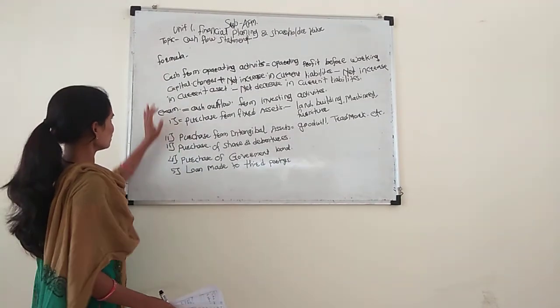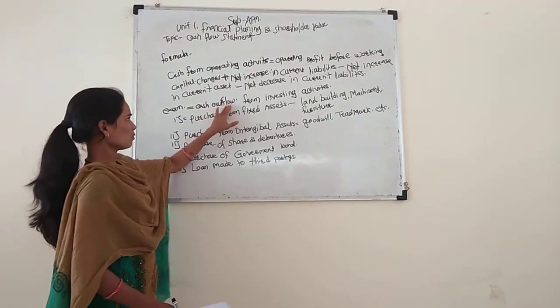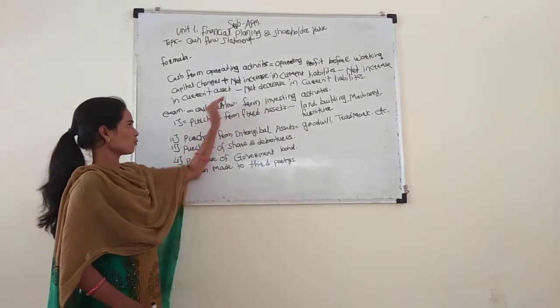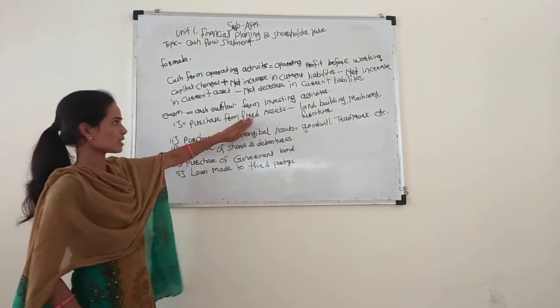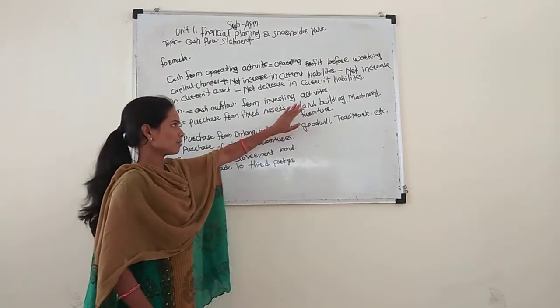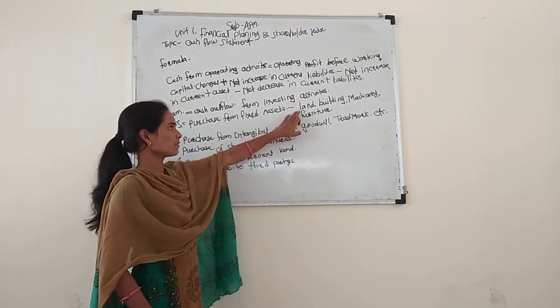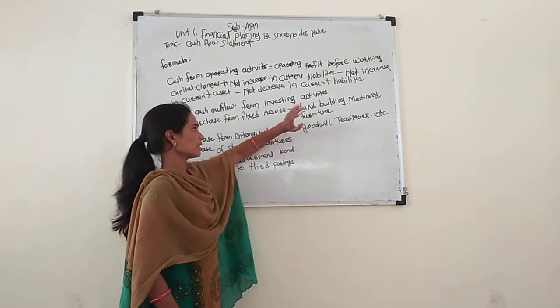Cash outflow from investing activity, for example: first, purchase of fixed assets, which are land, building, machinery and furniture.